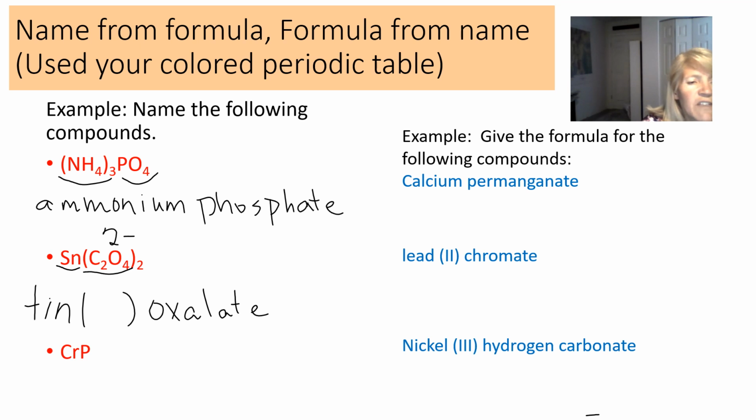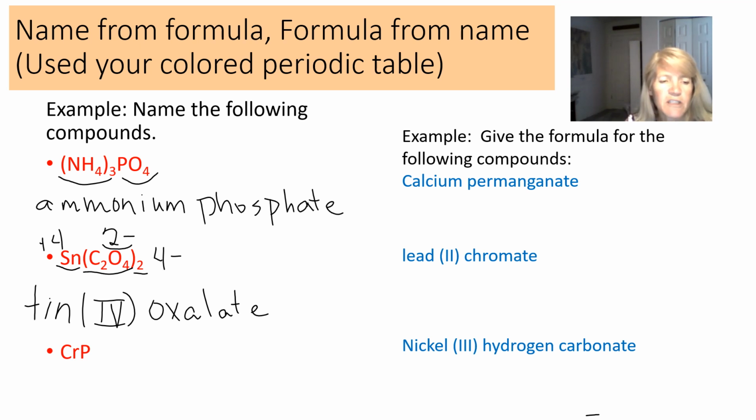Because if this is 2 minus, and I have 2 of them, I have a total of -4. So I've got to have +4 as well. So +4, that's my Roman numeral. The tin has a charge of +4. So the name is tin(IV) oxalate. 4 is the charge, not the subscript on the tin.